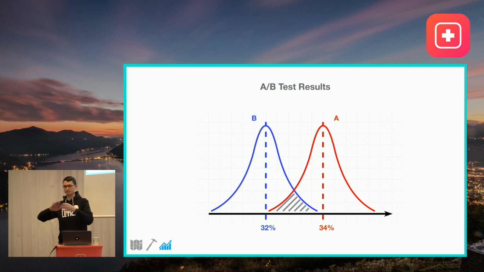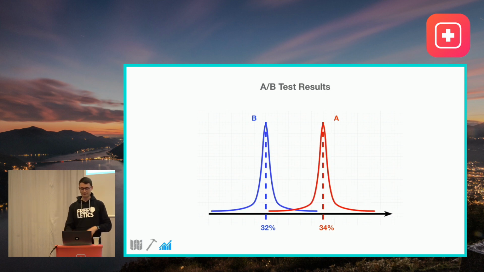The longer the A/B test is running, the smaller this intersection square becomes. And we consider results statistically significant if this intersection square takes up less than 5% of the square under the graph of the B case, let's say.